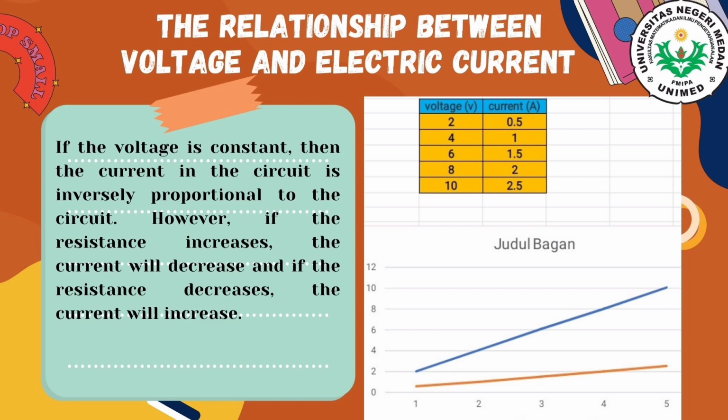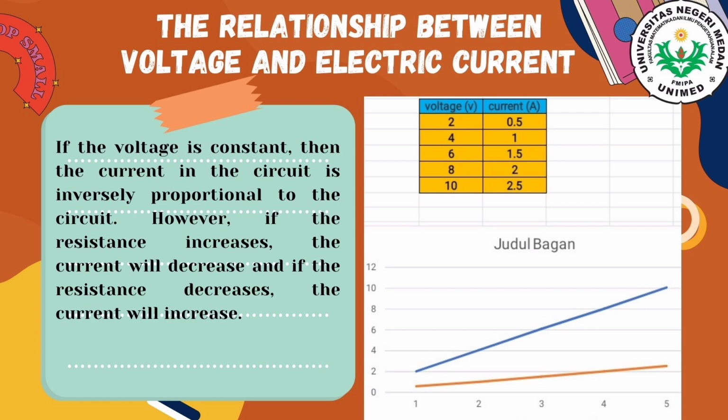In the example table above, we can see that the higher the voltage applied to the resistor, the greater the current flowing. For example, at a voltage of 2 volt, the current flowing is 0.5 A. However, at a voltage of 10 volt, the current flowing is 2.5 A. Explanation of tables and graphs for the relationship between voltage and current in physical phenomena will vary depending on the type of component or phenomenon being observed.